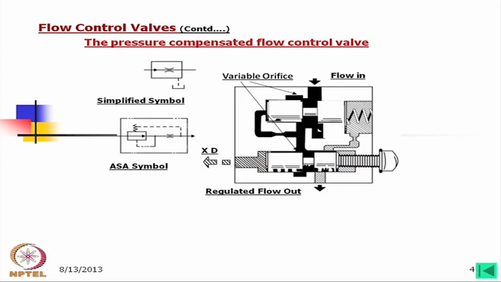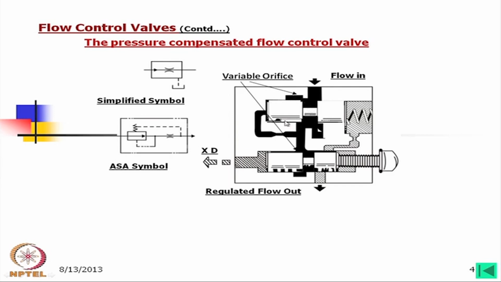Now, the pressure compensated flow control valve. In the simplest one that we have seen, there will be fluctuation of flow if there is change in pressure of the actuator or motor. For that, this valve can be modified by introducing a pressure compensating device inside it. Now, if we look into this, there is a spool, this is the main spool and this is the main orifice area.